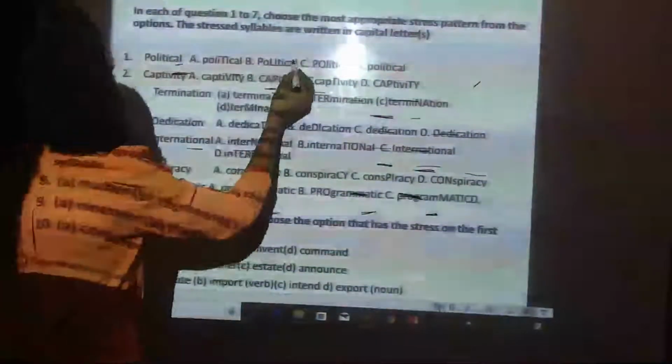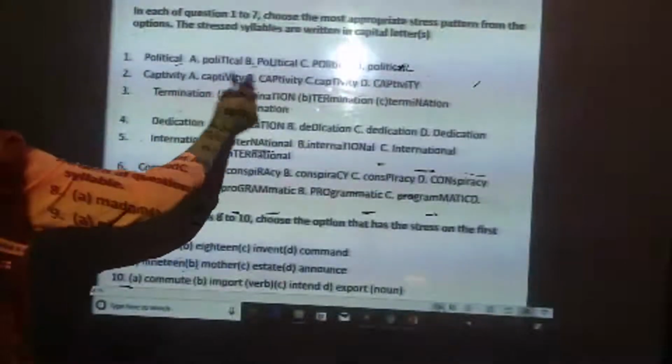And if you count from the back, that is not the right answer. In option C, the stress is coming at pole, while in option D, the stress is coming at cow. Therefore, Lee, which bears the stress and which is the third from the last, is the right answer.